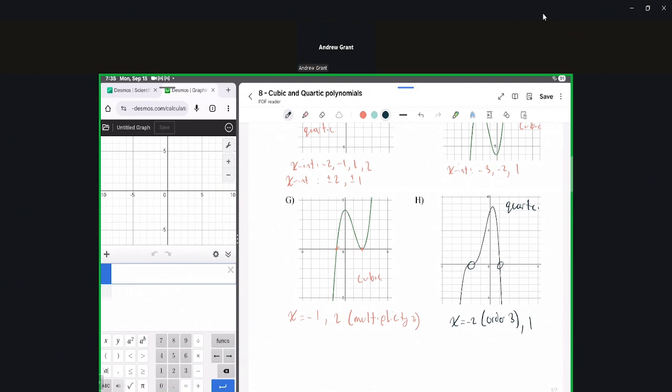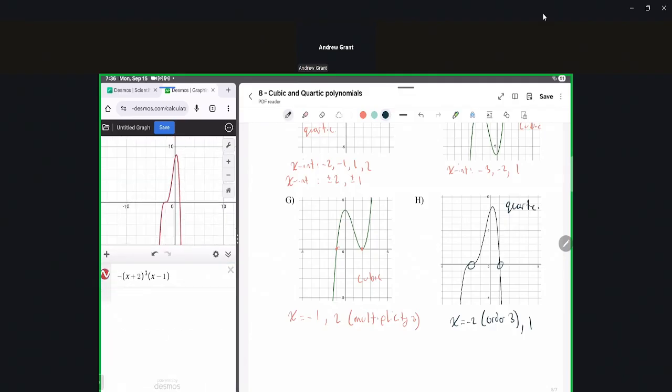And I should mention for letter H, if I were to type in the equation for that, this looks like x plus 2 cubed times x minus 1. But then we got to make the whole thing negative. You can see this is already pretty close to what that graph looks like. So in fact, it's actually the exact same graph, just a different color.